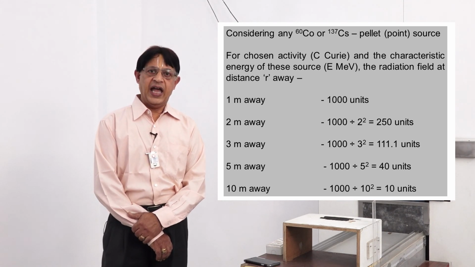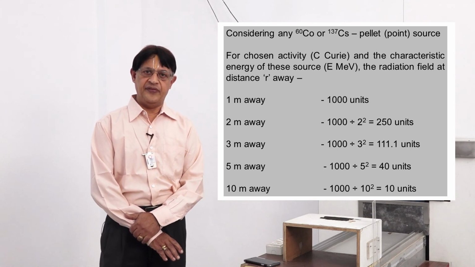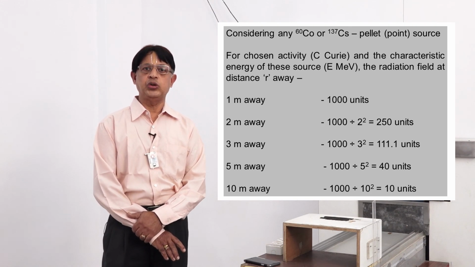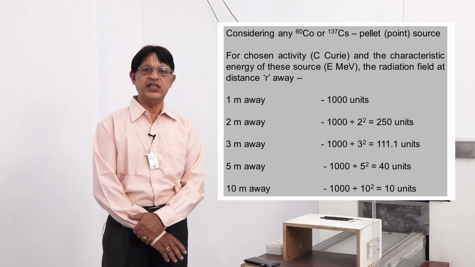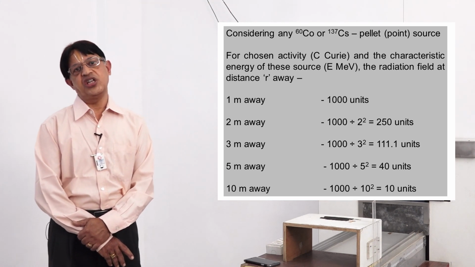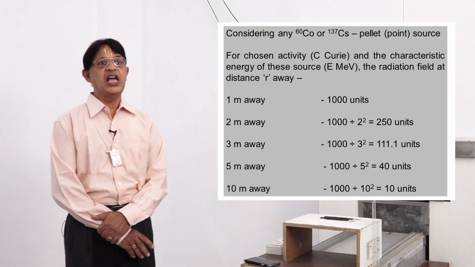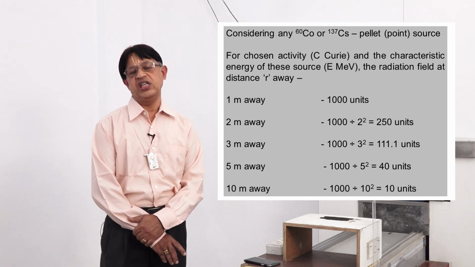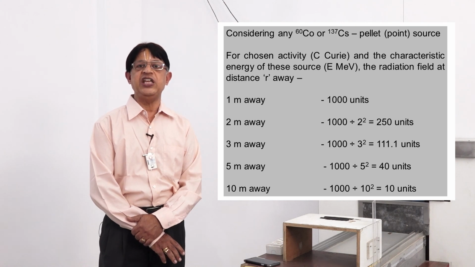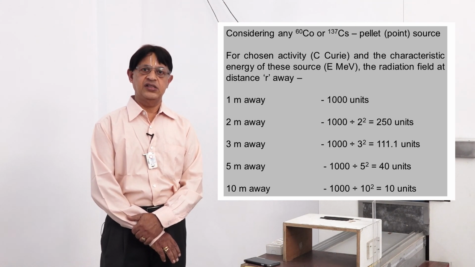So as we go from 1 meter to 2 meter, the reduction is 4 times. 1 meter to 3 meter, the reduction is 9 times. As we move from 1 meter to 5 meter, the reduction is likely to be 25 times.